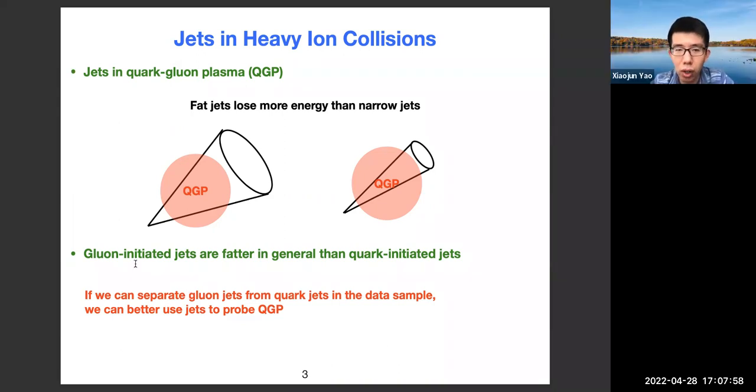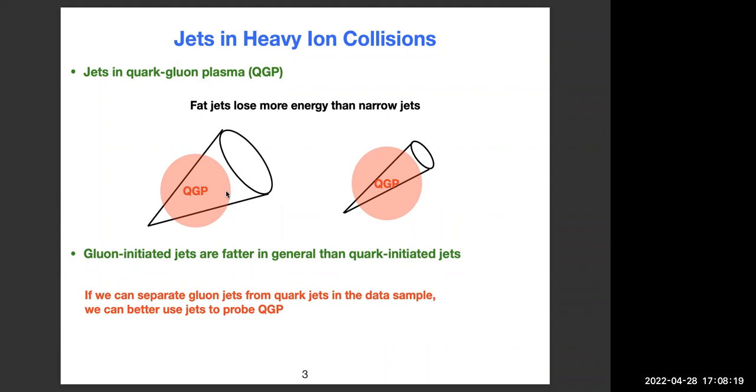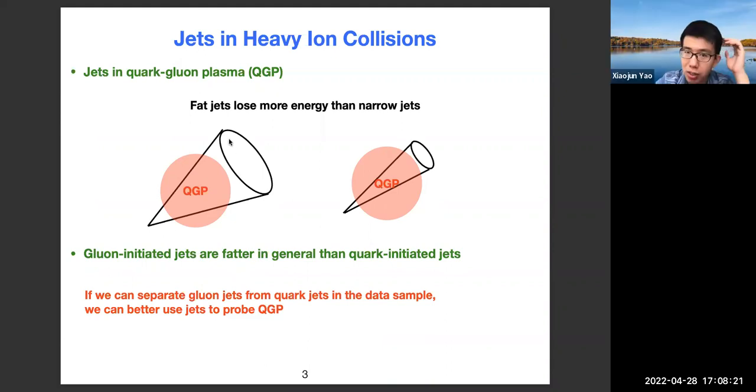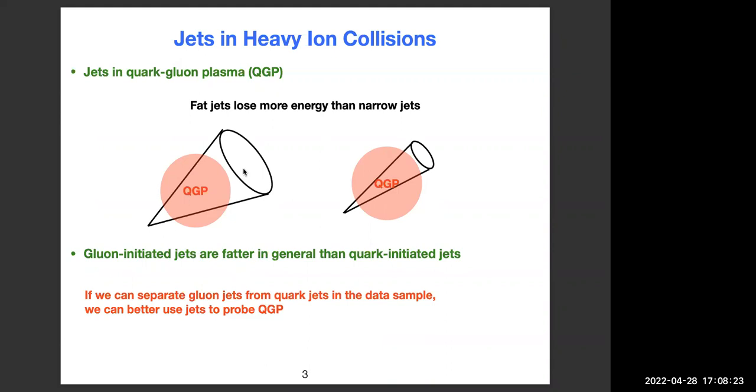The gluon has more color in some sense and interacts more with the QGP. But on top of that, the gluon jet also radiates more widely. If you look at the distribution of the particles inside, the gluon-initiated jet tends to be fatter or wider in the theta distribution. I mean, theta is the angle with respect to the jet axis, but the quark jet is narrower in that sense. Okay, thanks.